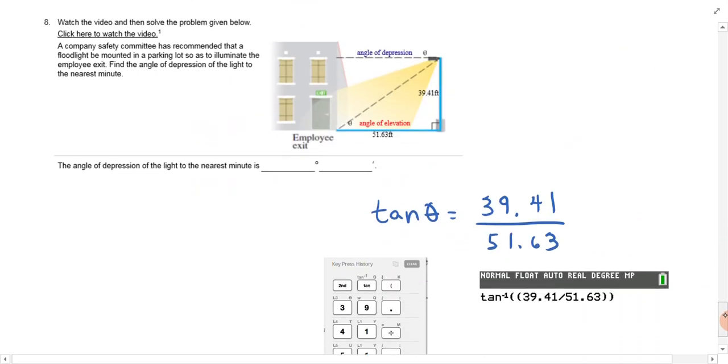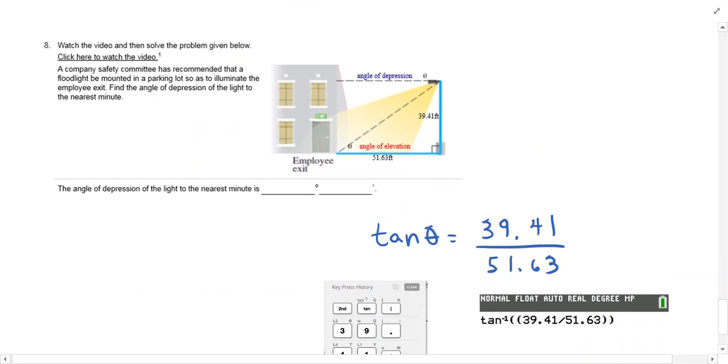This one, it says watch the video for this, and you could do that. I think we can probably handle it anyway, but a company safety committee has recommended that a floodlight be installed or mounted in a parking lot so as to illuminate the exit. Find the angle of depression.